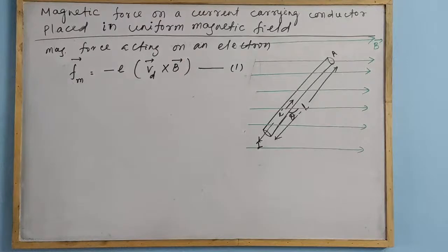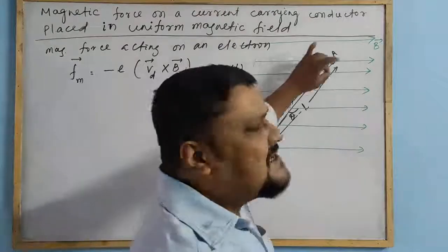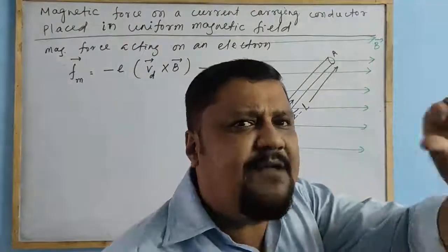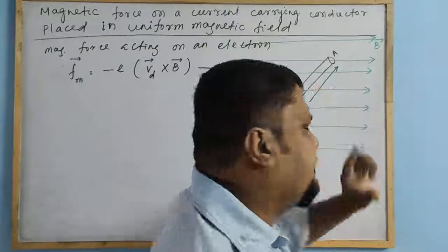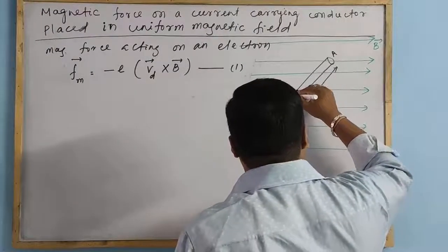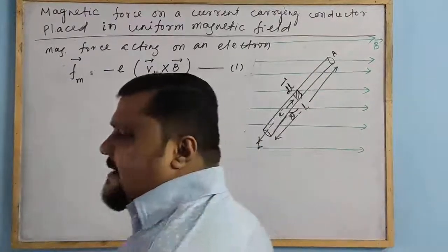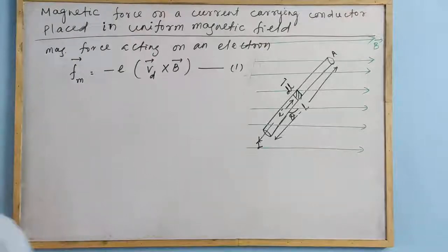Clear? Now, let us consider the conductor is divided into small elements of length dl. Let us consider the conductor is taken as small elements like dl. Clear?